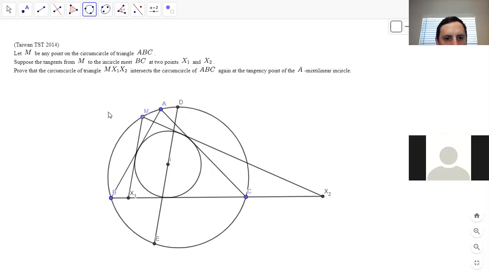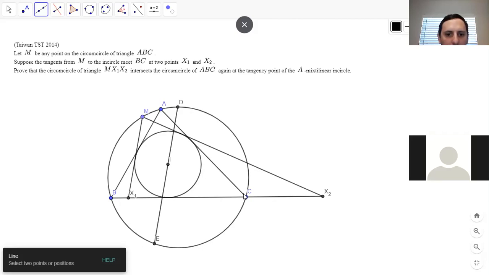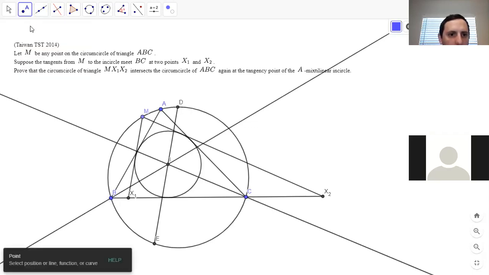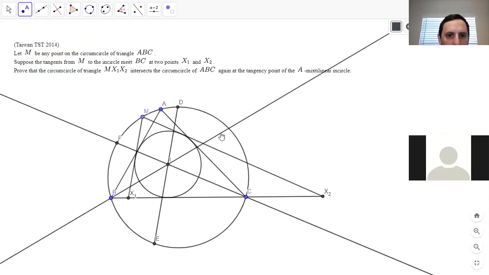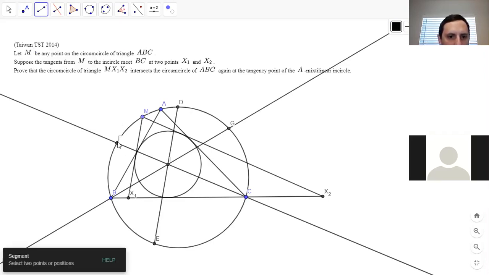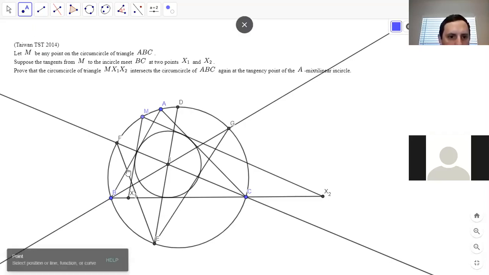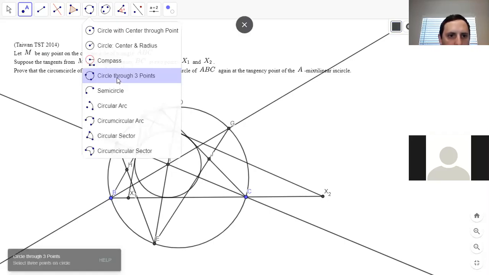And if we actually want to draw the mixtilinear incircle, I think we could do this. If you take the two midpoints of these arcs, so I did this in one of my videos, and then you see where EF and EG cut AB and AC, then the circumcircle of that, HEJ, I think that's the mixtilinear incircle.